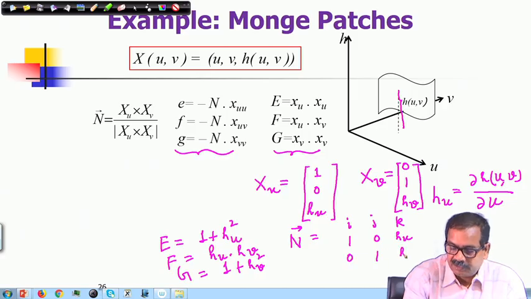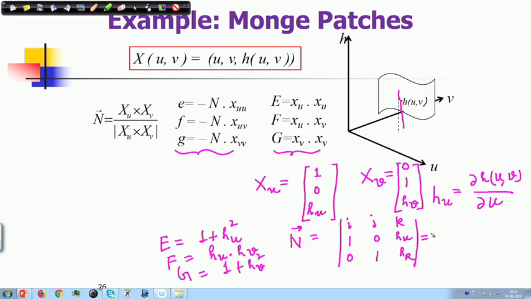I will expand this determinant, and this could be written as minus h_u i, minus h_v j, and k is 1.